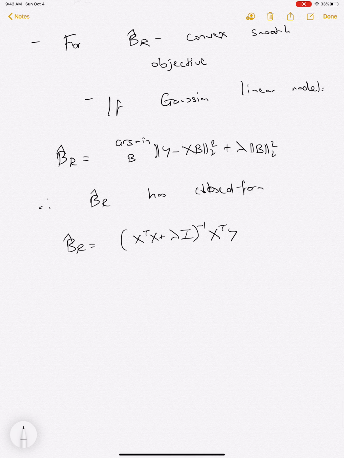We have this nice closed form for beta hat R. And that involved solving a linear system, and I spoke about various algorithms for that.